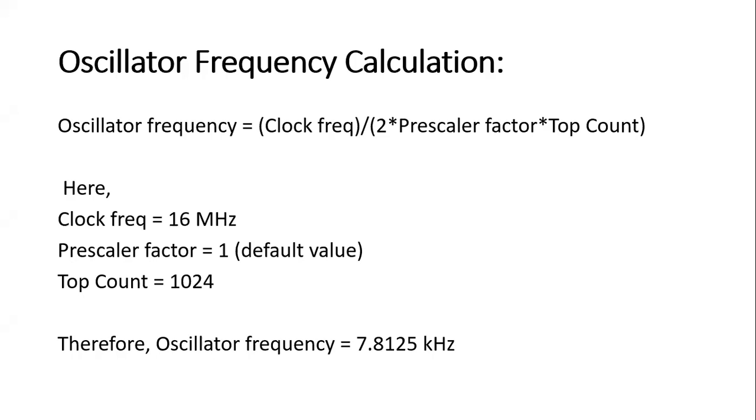Here we have taken the clock frequency as 16 megahertz, prescaler factor as 1, which is the default value, and top of count as 1024. Since we are denoting the clock using 10 bits, top of count will be 2 to the power 10 or 1024. Therefore, putting these values in the formula, we have obtained the oscillator frequency to be 7.8125 kilohertz.